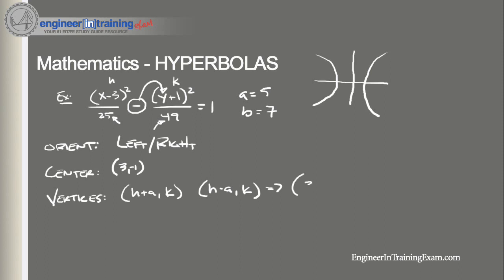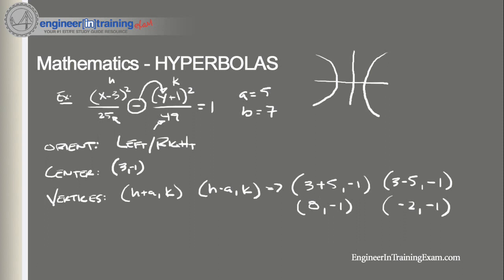Just put h in, which is 3, plus a, which is 5, and k is negative 1. So that's going to be 8, negative 1. And our second is going to be located at 3 minus 5, negative 1. And that's going to be negative 2, negative 1.